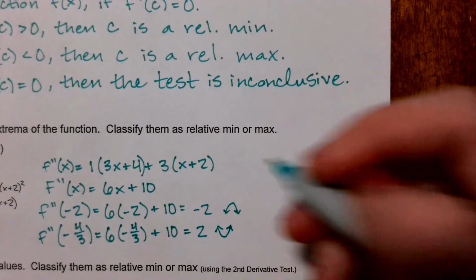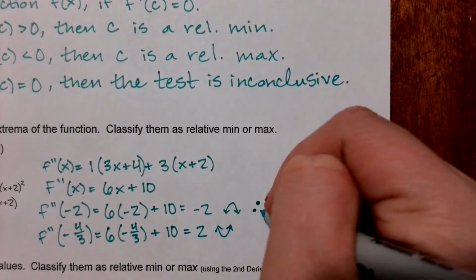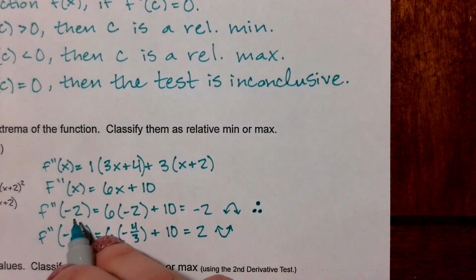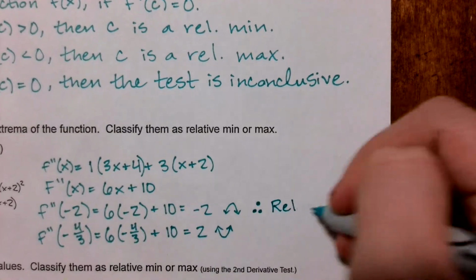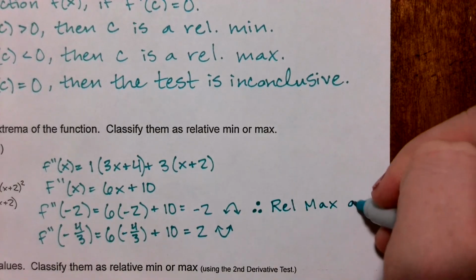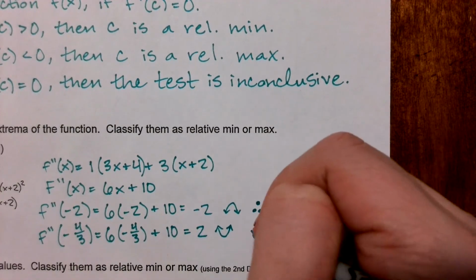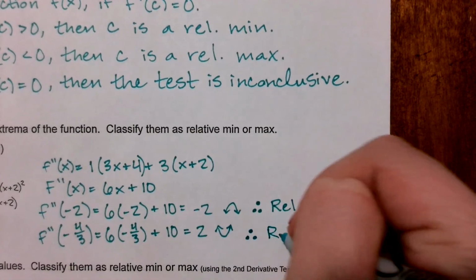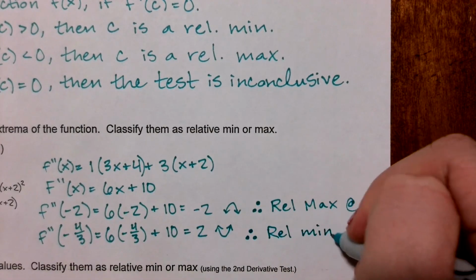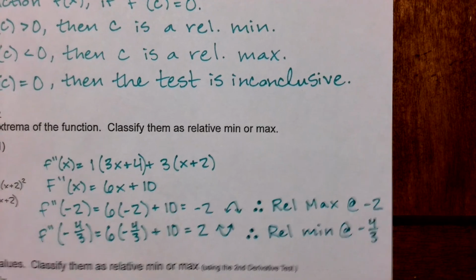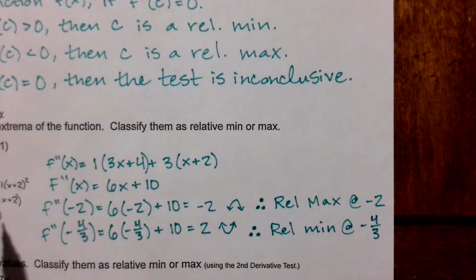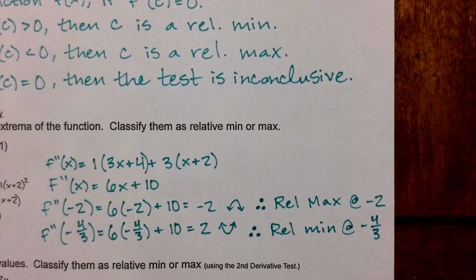So our conclusion here would be that there's a relative max at -2, and a relative min at -4/3.